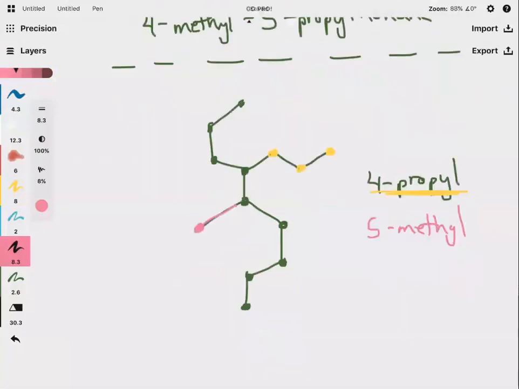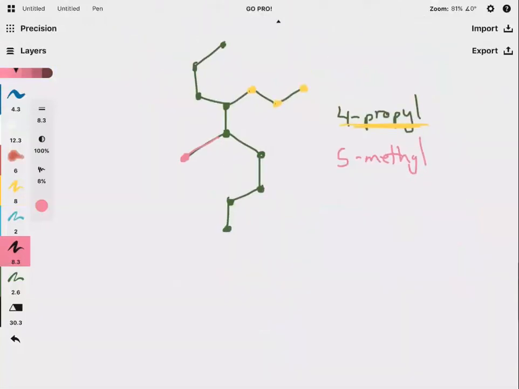So how do we want to write this structure? Remember, our third rule is to write it in alphabetical order. So if we write it in alphabetical order, we see that the M of the methyl comes before the P of the propyl, LMNOP, right?